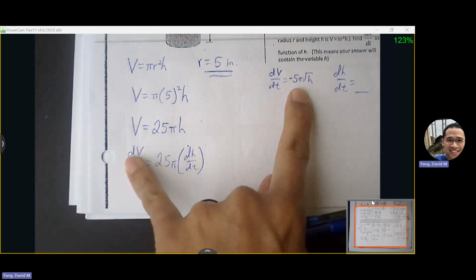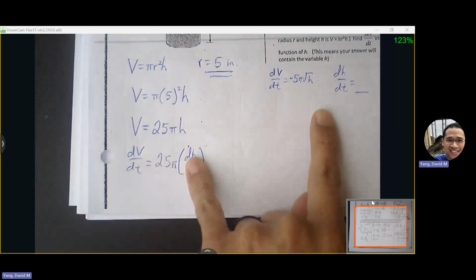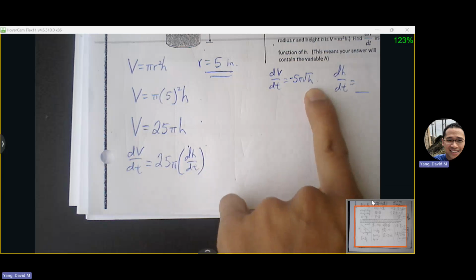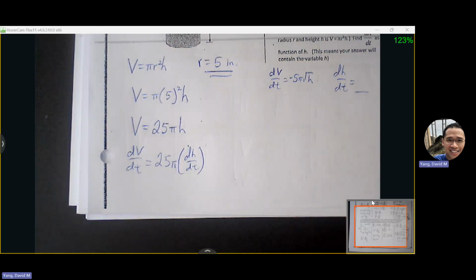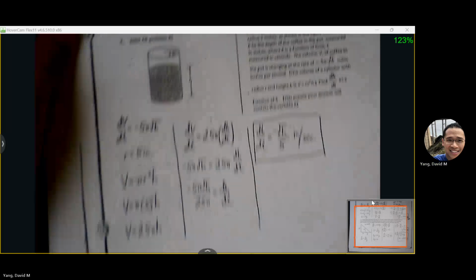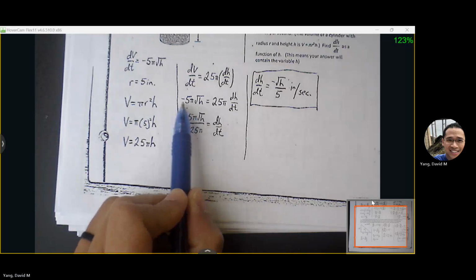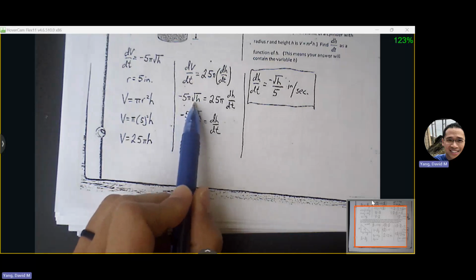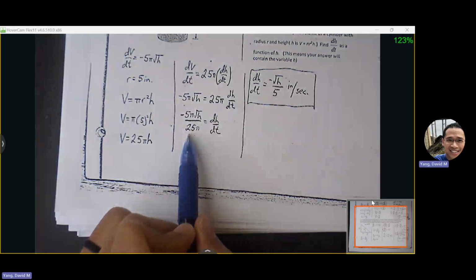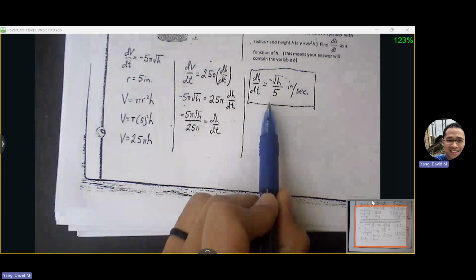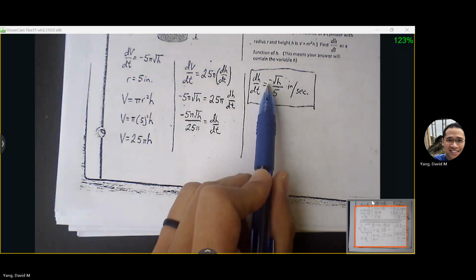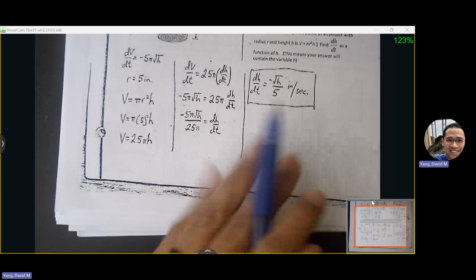Replace dV/dt with -5 pi root h and solve for dh/dt. Because dV/dt has h in it, we just have to hold on to h in our answer. Replace dV/dt with -5 pi root h. Divide both sides by 25 pi. We reduce, and our dh/dt is -root h over 5 inches per second.